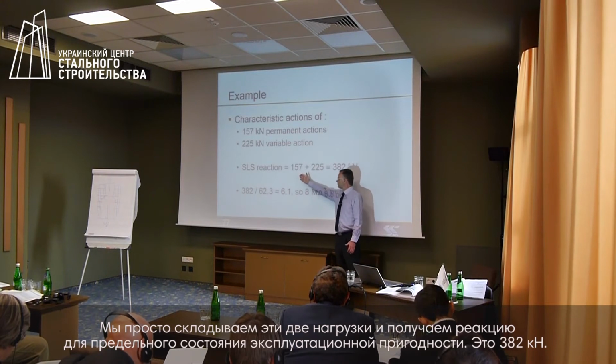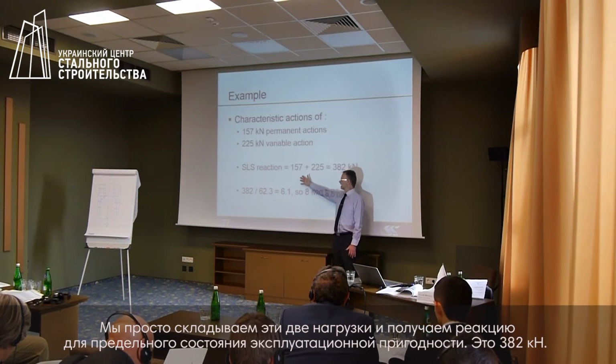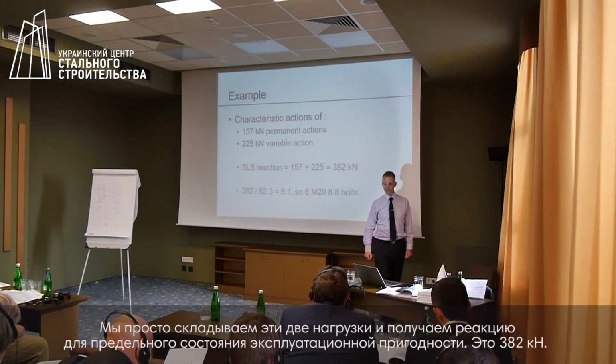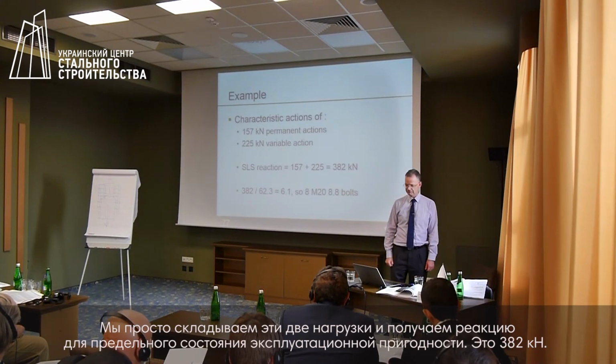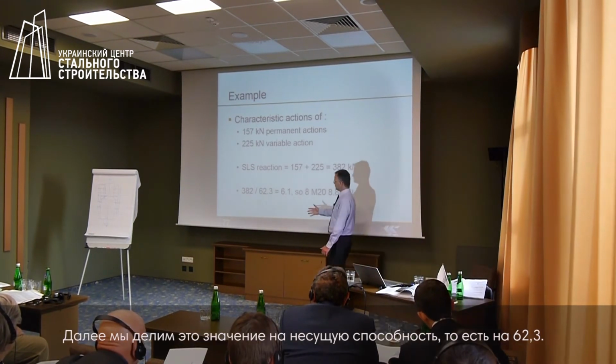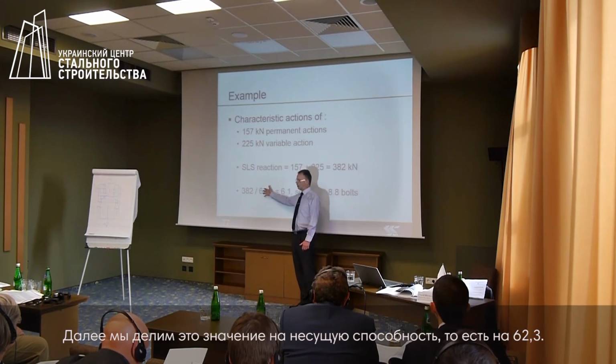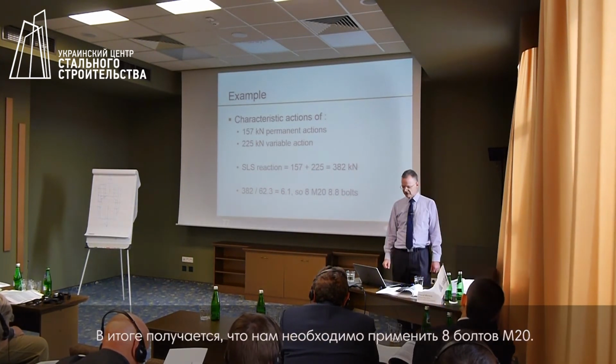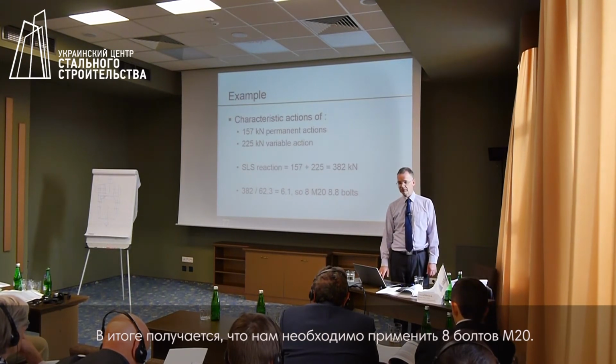Serviceability, there are no gamma factors, so I can simply add the forces together, and therefore at the serviceability limit state, my shear force is 382 kilonewtons. Divide by the slip per bolt, 62, and the calculation tells me that I would need 8 M20 bolts.